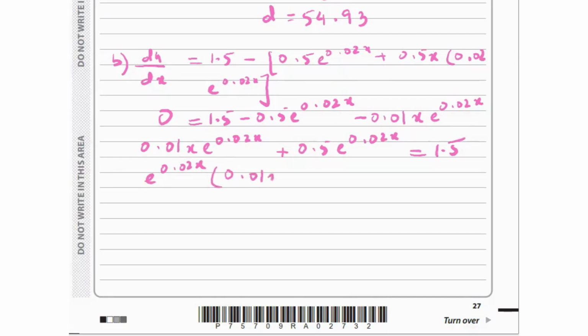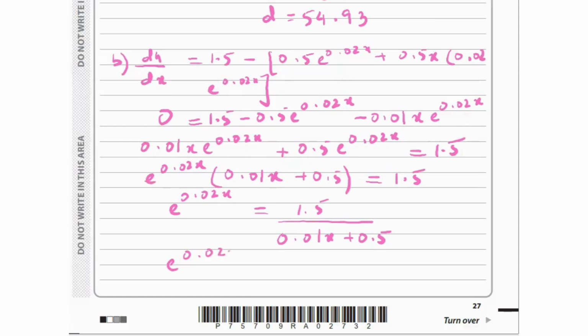At 0.01x plus 0.5 equals 1.5. e to the power of 0.02x equals 1.5 divided by 0.01x plus 0.5. Multiply everything by 100 on the right hand side to finish the decimals. That's going to be 150 over x plus 50.